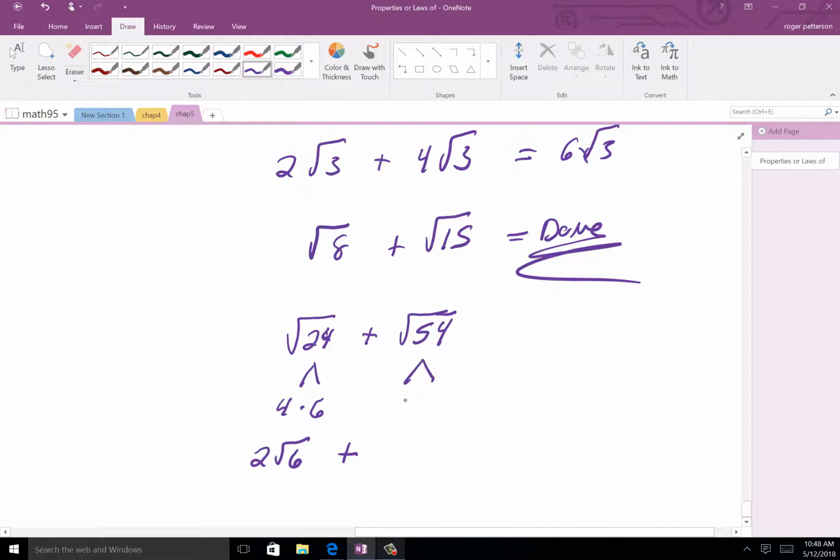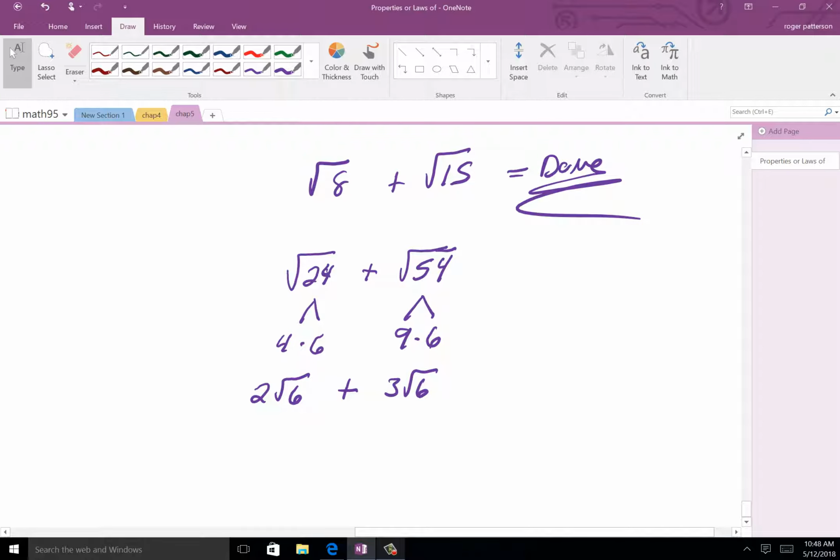The largest perfect square that goes into 54 evenly is 9. 9 goes in there 6 times. So this would be 3 square roots of 6. Now look, they are the same, so we can add those and get 5 square roots of 6.